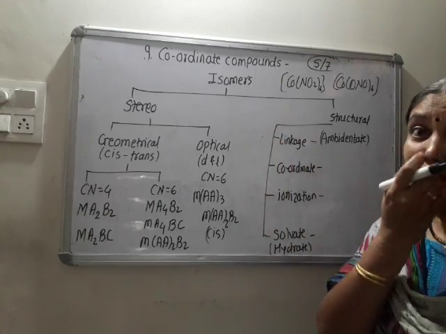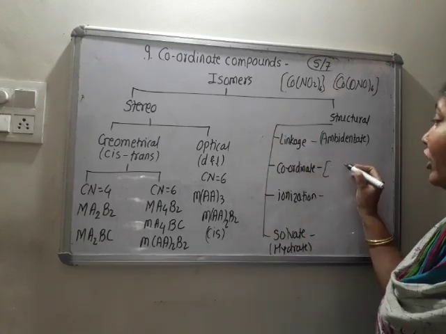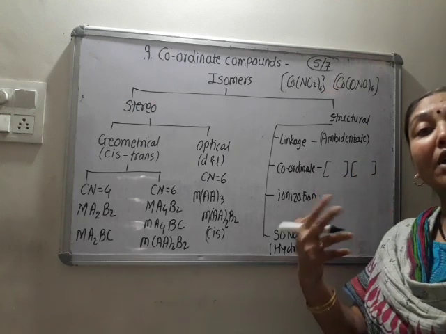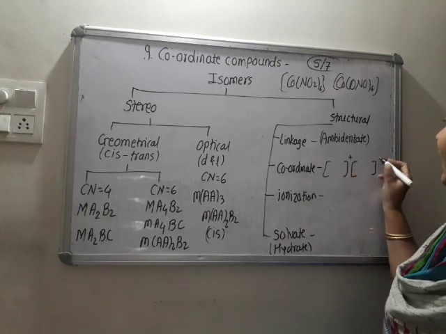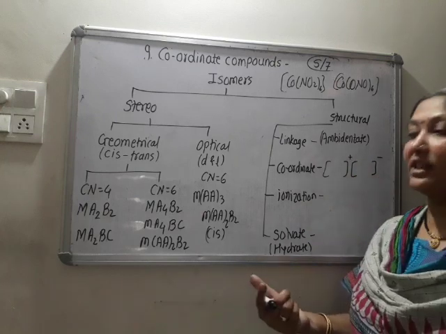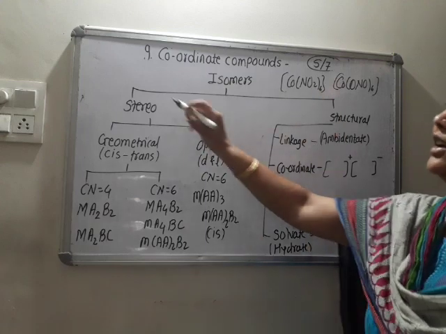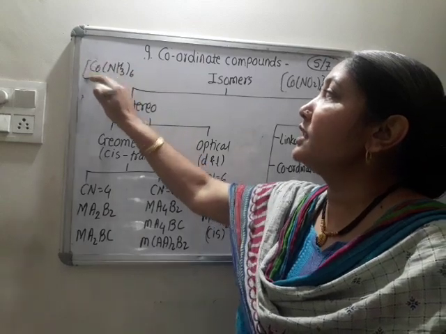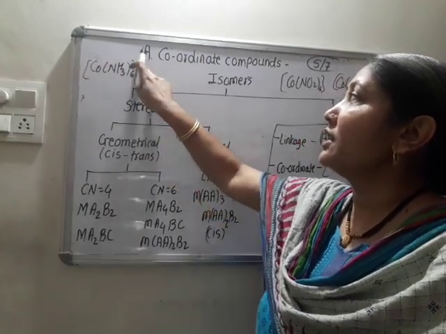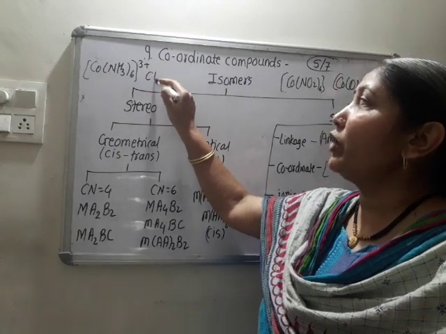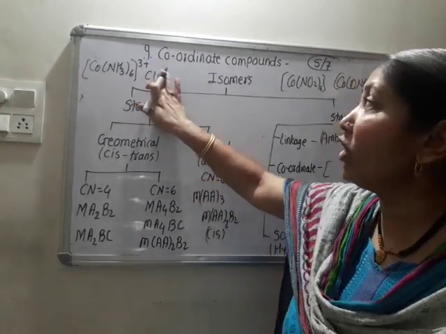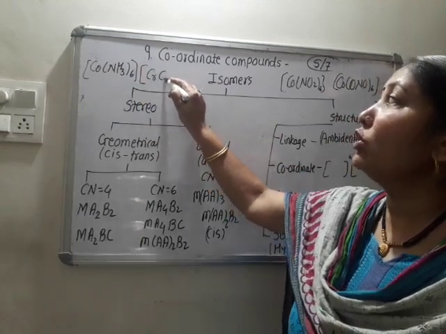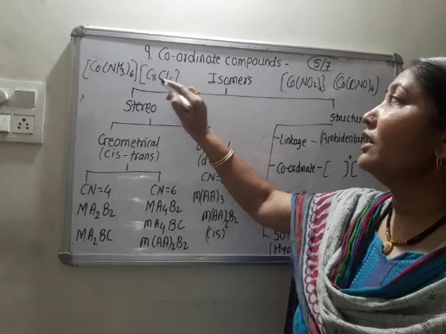Second one is coordinate. What's the hint to identify coordinate? Coordinate means cation as well as anion must both be complexes. If we consider here Co(NH3)6, so this is the cation, right? This is 3 plus, and we balance the charge by putting Cl3. But here they are saying that the counter ion should also be a complex.